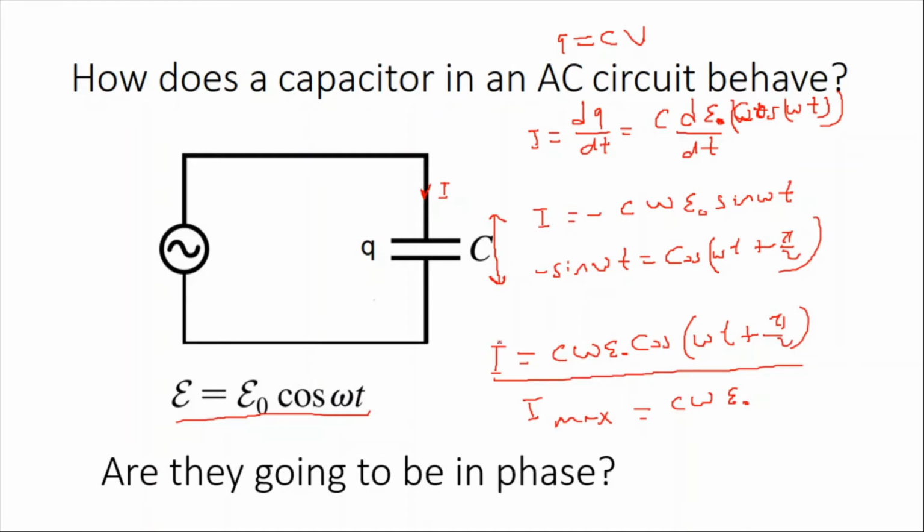The current becomes maximum pi over 2 before the voltage becomes maximum. So we say they are not in phase, and the current is 90 degrees ahead of the voltage in a circuit which includes a capacitor.